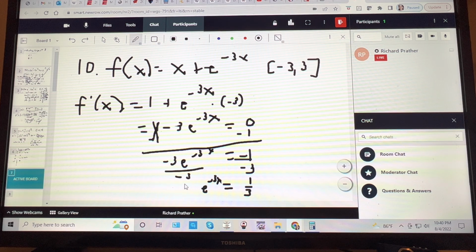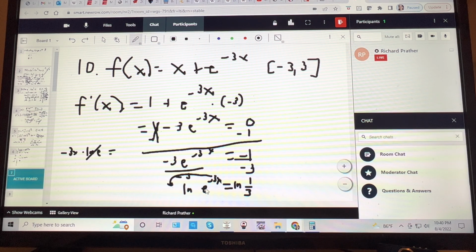I'm going to put an ln on each side, natural log, because I want to get that x out of the exponent. That's the property of logs, that you can bring that down in front. So -3x times ln of e, which equals 1, so that'll cancel.